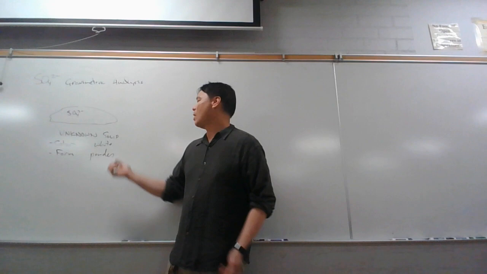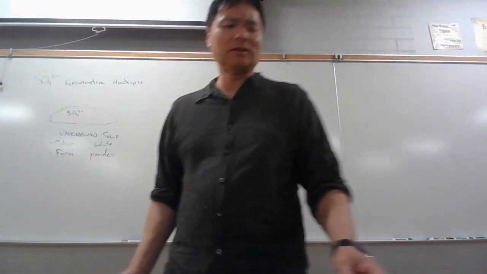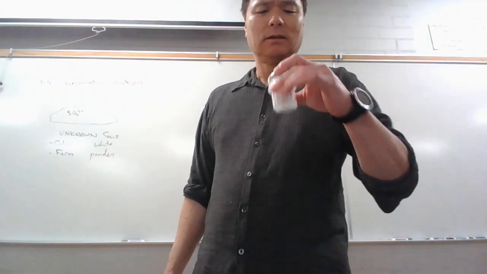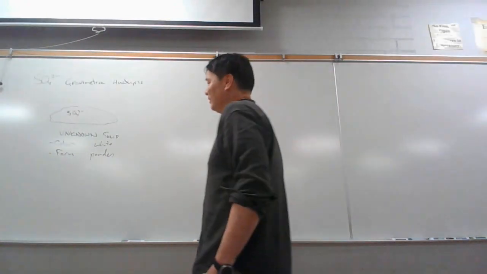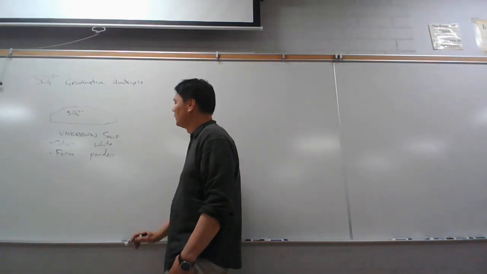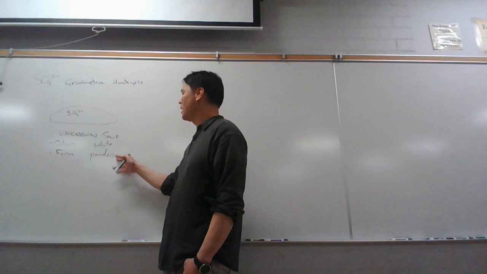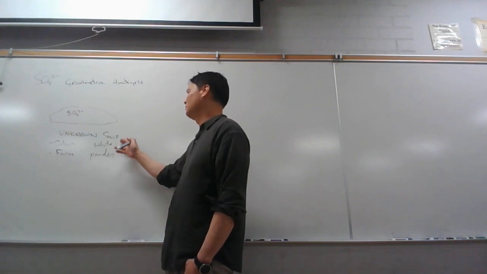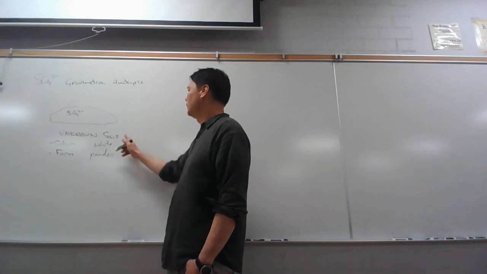We wouldn't just say white, because white could be different things. It could be a white liquid, although there aren't that many. We have to give it a form. Powder implies it's a solid, so we don't have to say solid necessarily. But that's it.